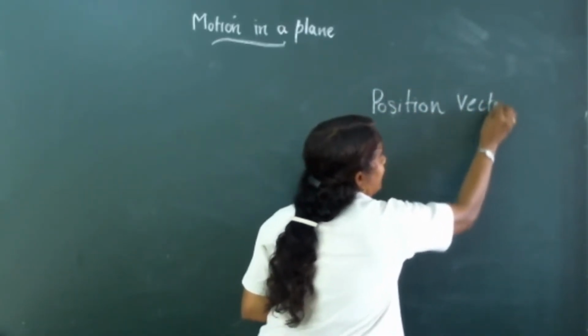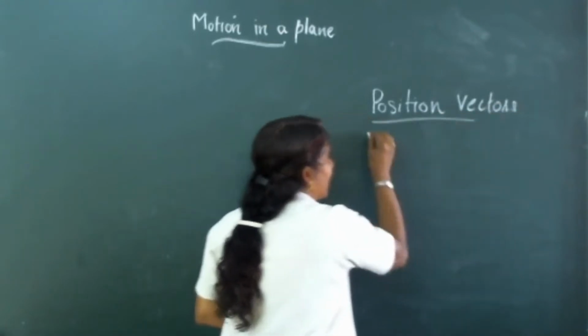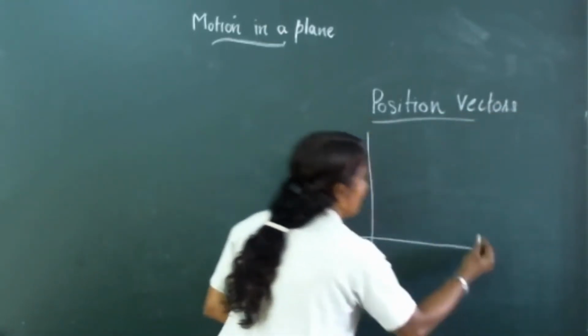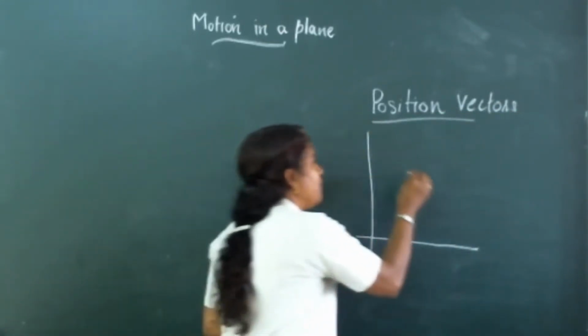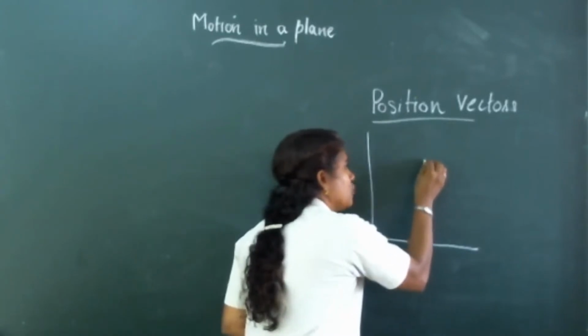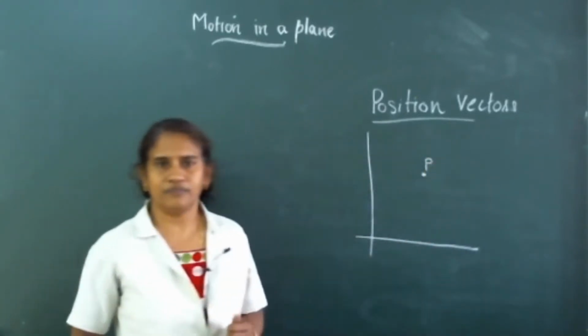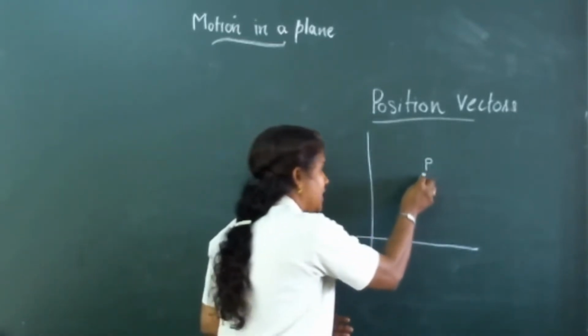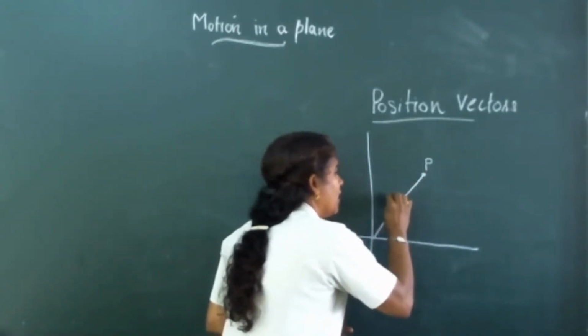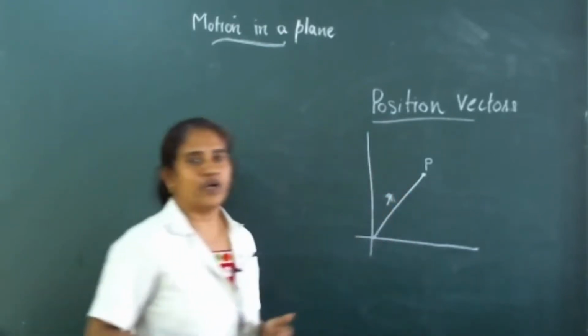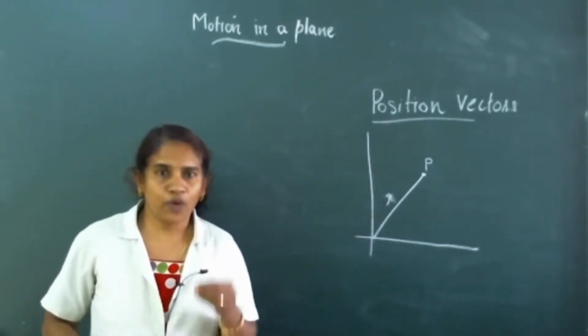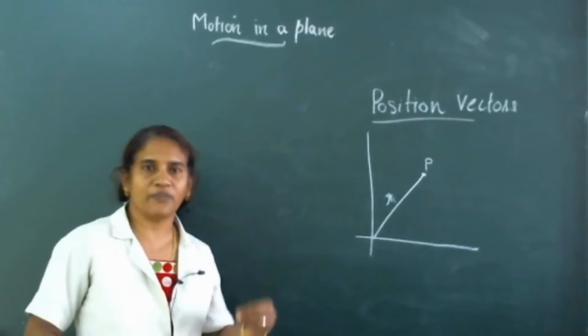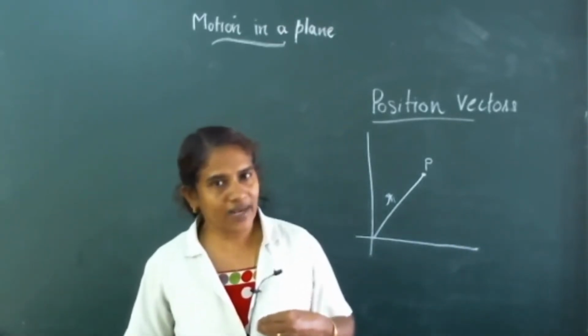Okay. Position vectors. While taking position vector, when we are explaining the position of a point, how do we use to explain? It is at a distance, let R1. R1 is the point or position of the point from the origin, right?